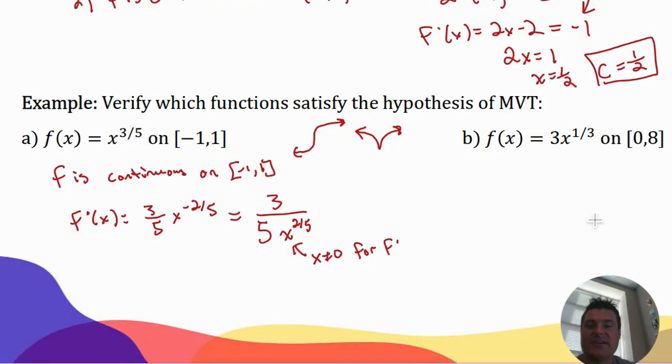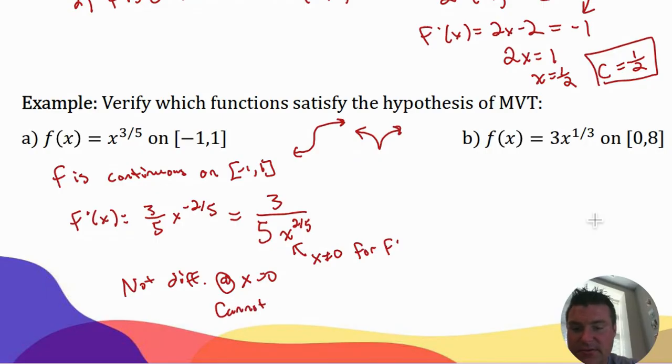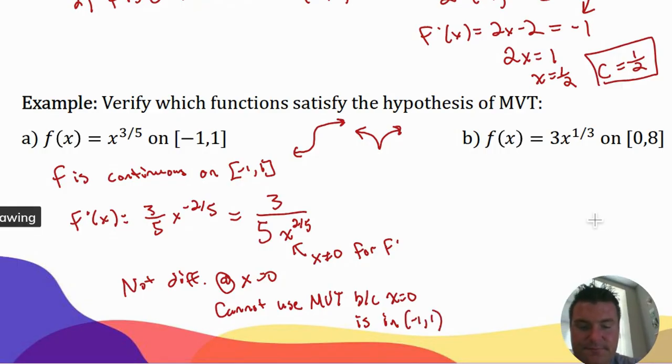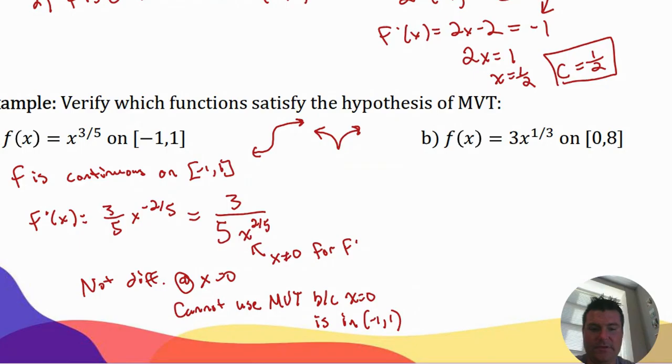So we're not differentiable at x equals 0. 0 is in this interval, so we cannot use MVT. We can say that because x equals 0 is inside the interval. Oh, I need to use open brackets on that one: -1 to 1.